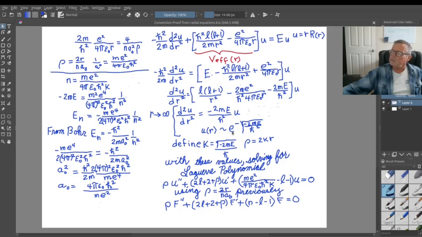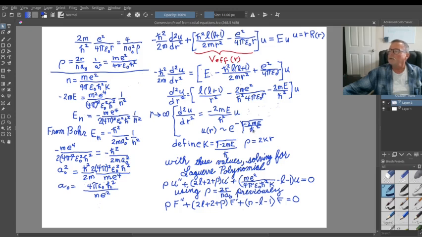So we can come up with a similar exponential form for u of r as we did for R of r, and instead of minus rho over 2, we come up with this, minus 2mE over h bar squared.